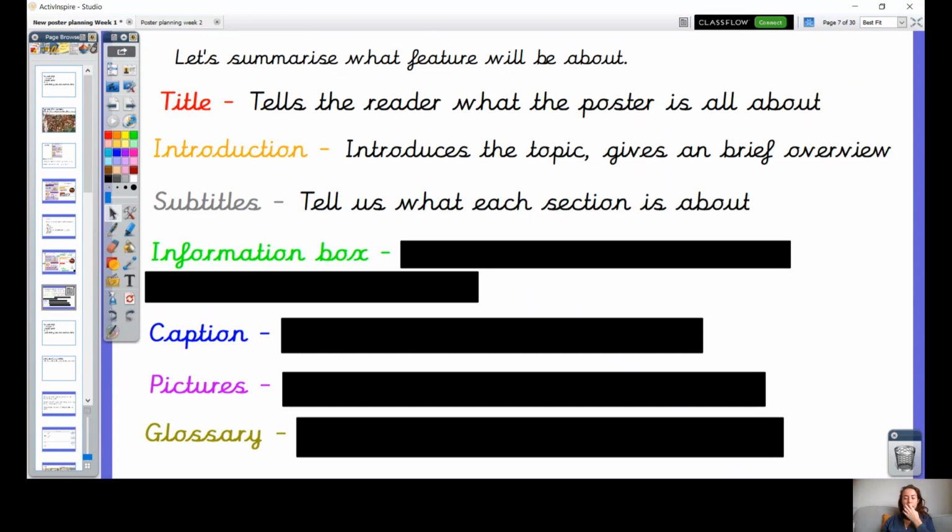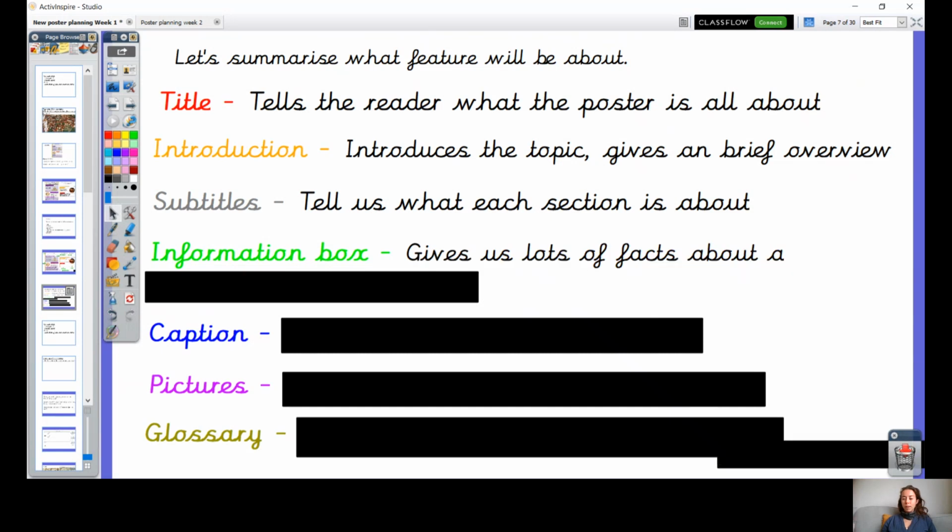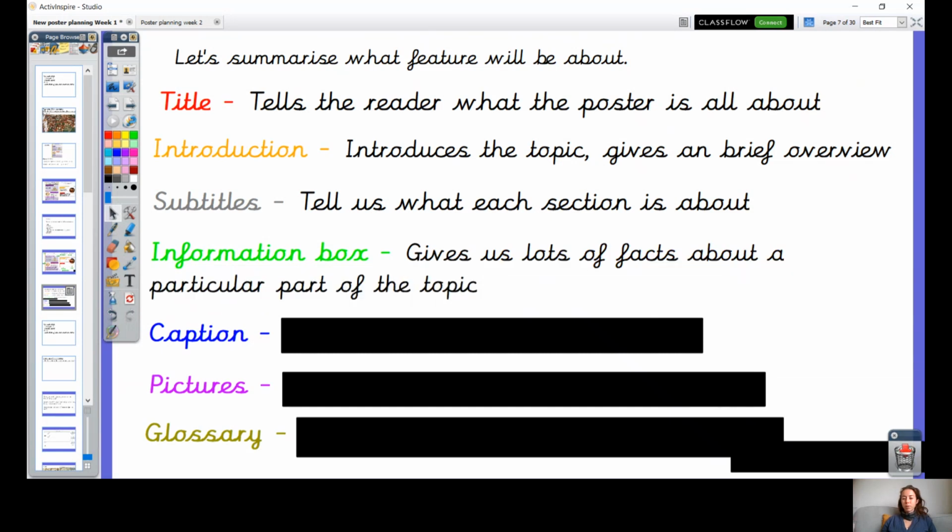The subtitles tell us what each little section is all about. And on this occasion, the subtitles are questions, aren't they? Put your finger on an information box. Yeah, so an information box gives us lots of facts about a particular part of the topic.